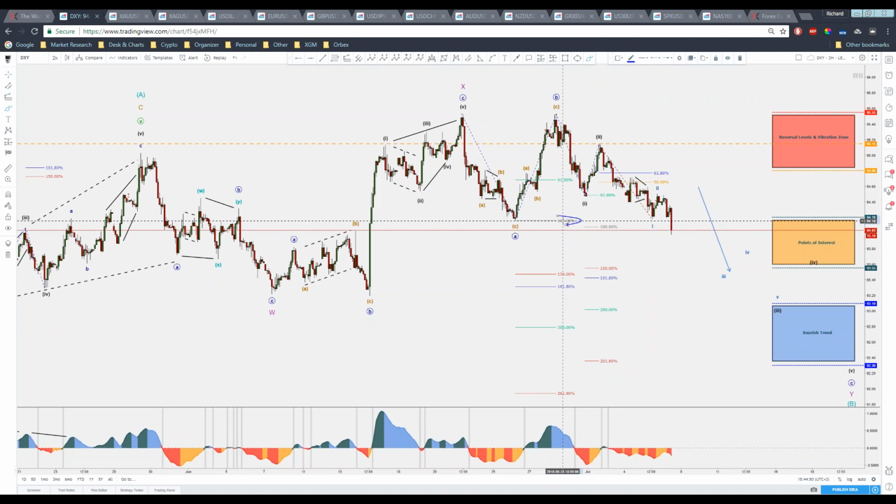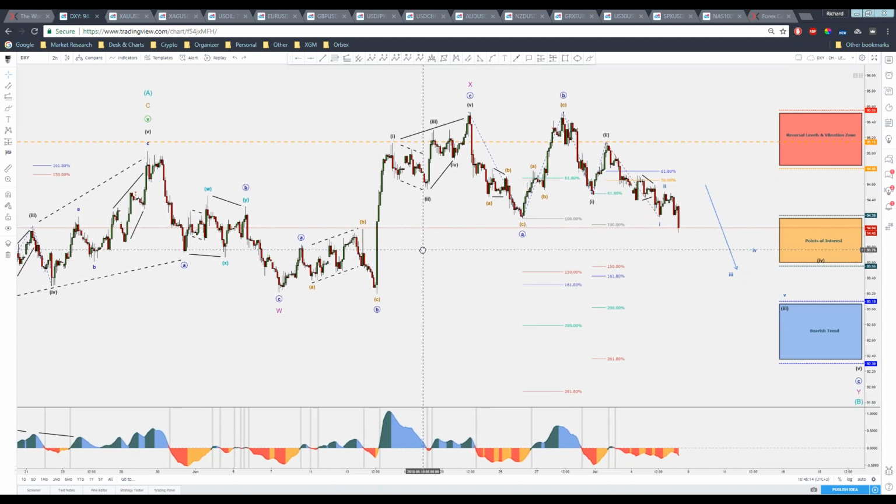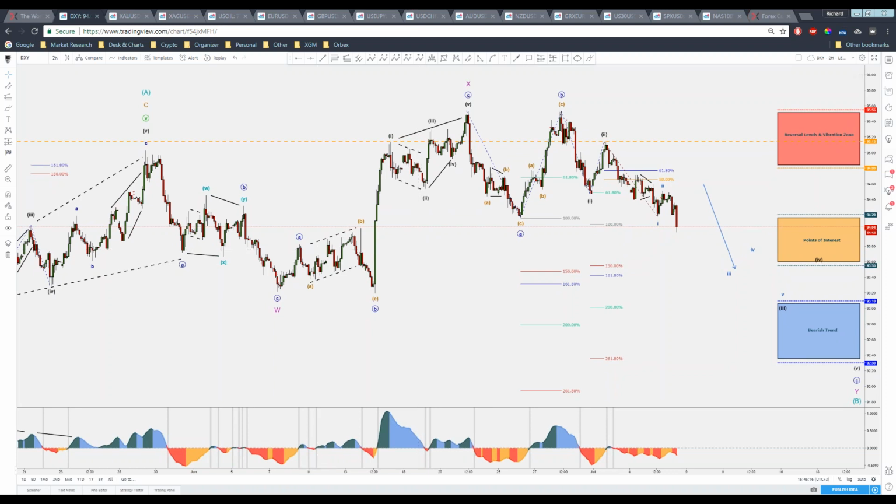Usually this would resemble a 1.2 extension targeting the 161.8, which are these levels. Federal Reserve all over again, right? Actually, not the Federal Reserve, but President Trump's tweets and everything he does. But it's good because once with this, then volatility returns, right?